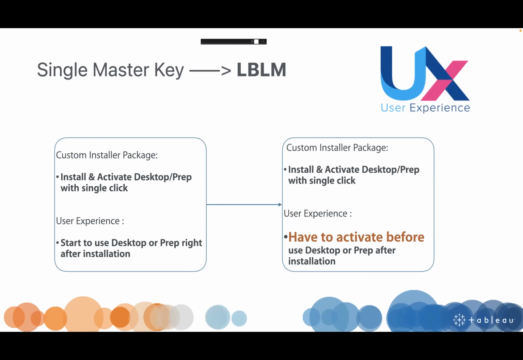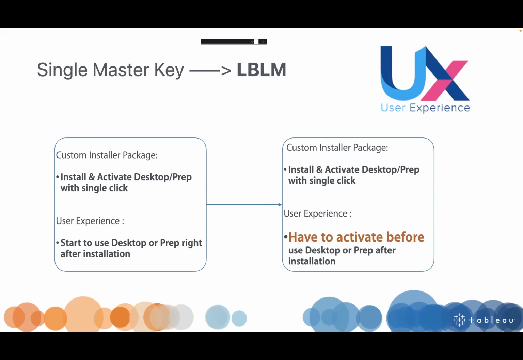Then they can activate it, assuming they have a site role on a particular server. Think about it. That is a lot of extra steps for the desktop and prep users. That's a bad user experience. That is not a good user experience. This is what struggled me for a long time. I didn't want to go with this, but finally I did it.